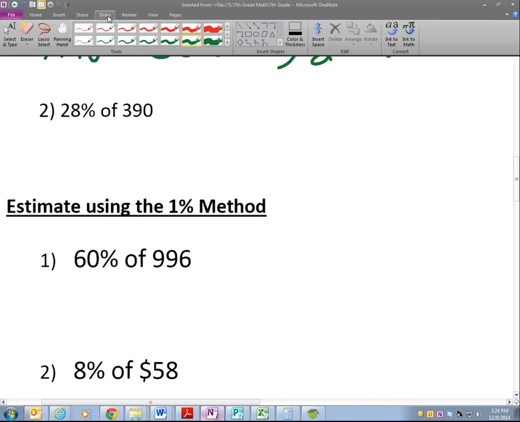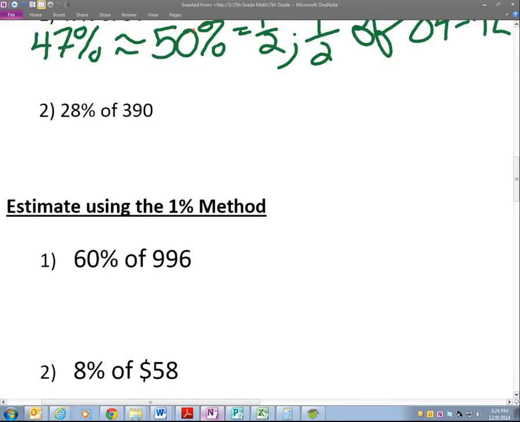So, there's an easy way and an easier way of doing this next one. Easier than easy. We will do this one because I want to get through this. 28 is very close to 30.